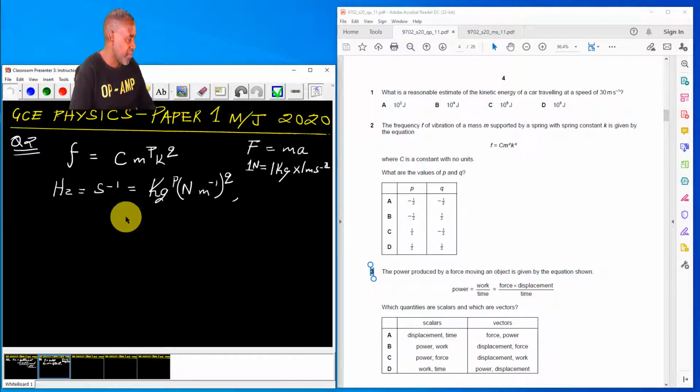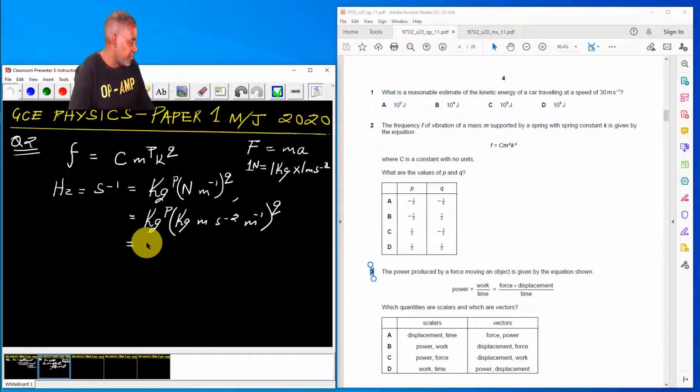So over here, I'm going to have my kilogram raised to power P. And then instead of the Newton, I'll have kilogram meter per second squared, and there is another meter there. This one here, per meter. Everything in this section is raised to power Q.